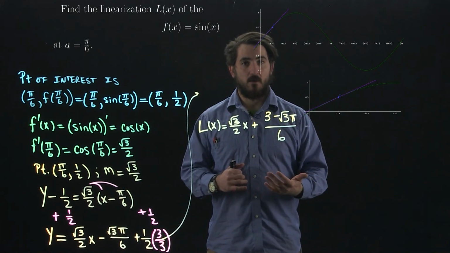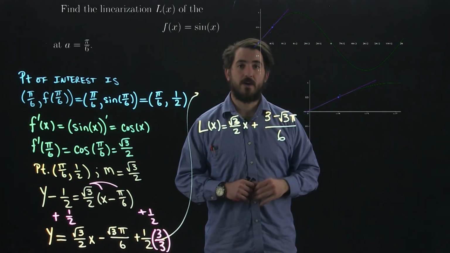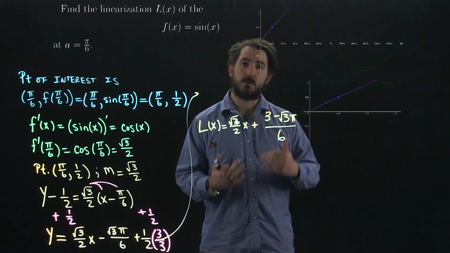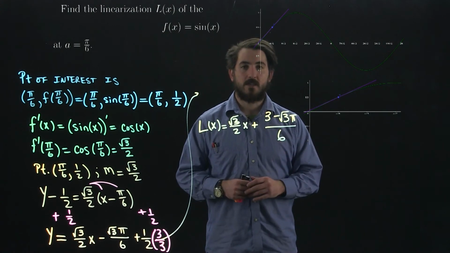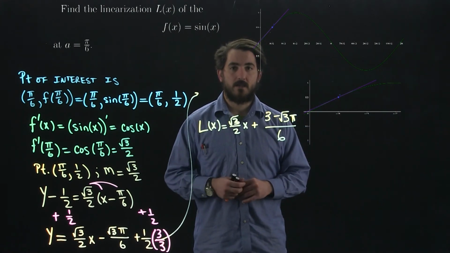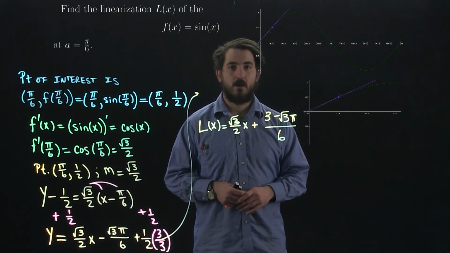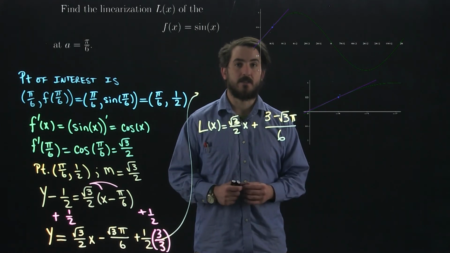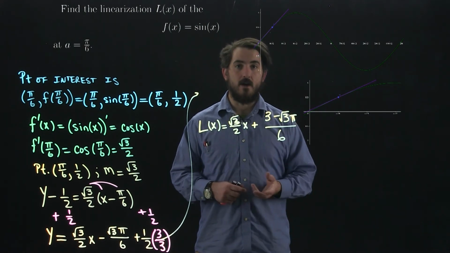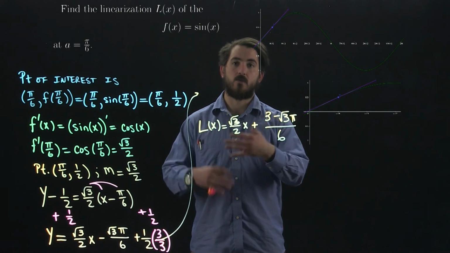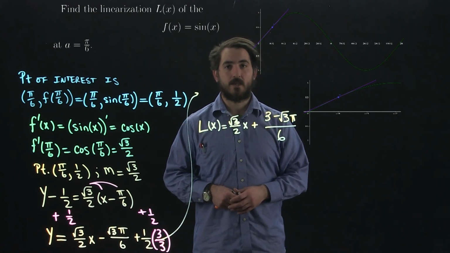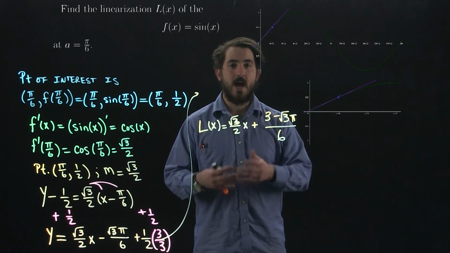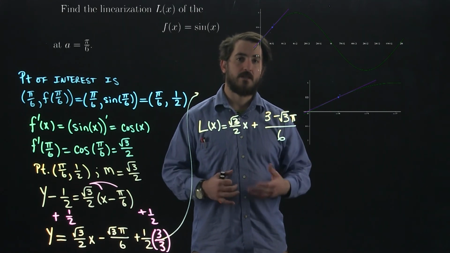That is impossible for the sine function, because the range of sine of x is between -1 and 1. So that's where we can start determining when our linear approximation works and when it does not. As far as error is concerned, we can find the error of the linear approximation by approximating with L of x and subtracting that from the actual value of sine of x.